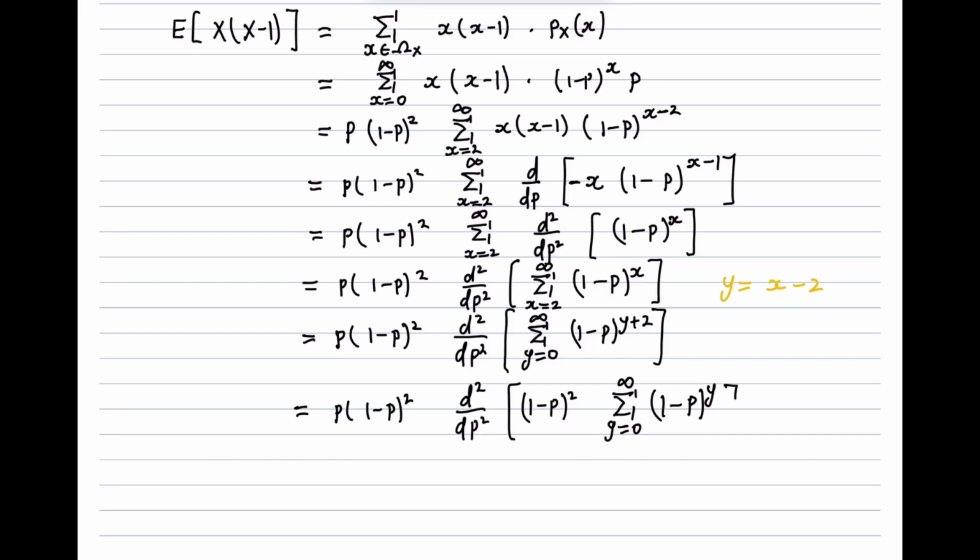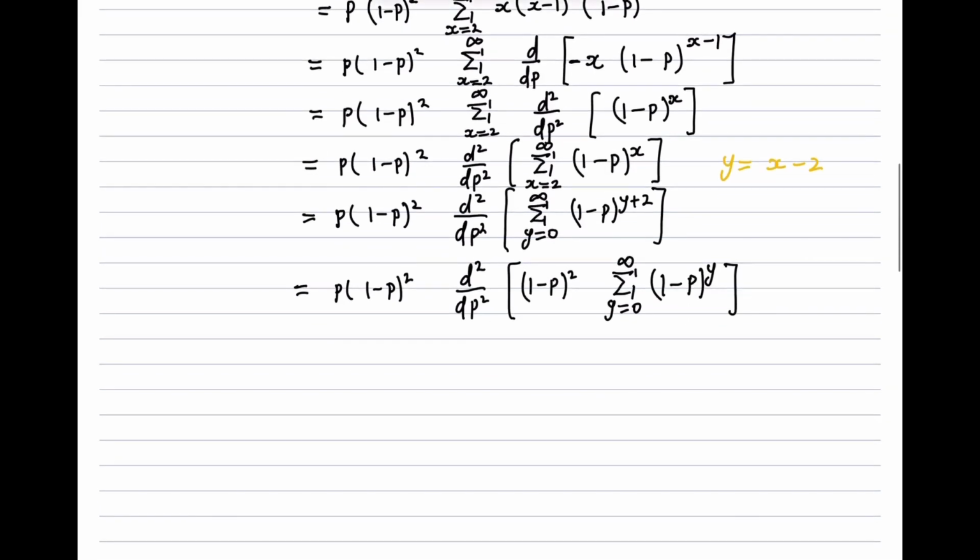And again, we're differentiating all of this expression, and then this becomes p times (1 minus p) squared, d squared on dp squared, of (1 minus p) squared times, again, we already found an expression for this summation. It was 1 on (1 minus p).